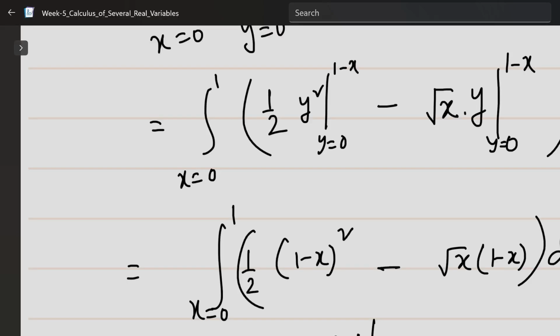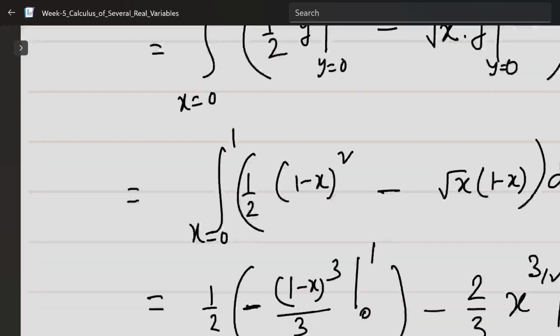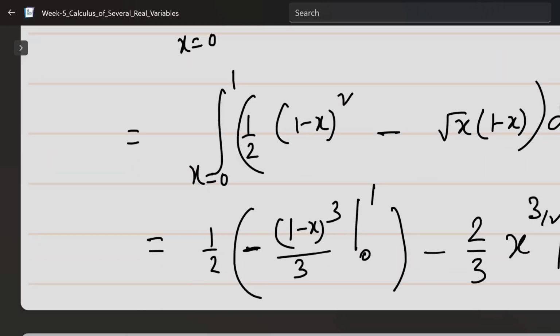And the integral of 2 root x is 2 by 3 x power 3 by 2, x from 0 to 1. And x into root x means x power 3 by 2, whose integral is 2 by 5 x power 5 by 2, from 0 to 1. Is it fine till now? I hope you did this integral carefully.